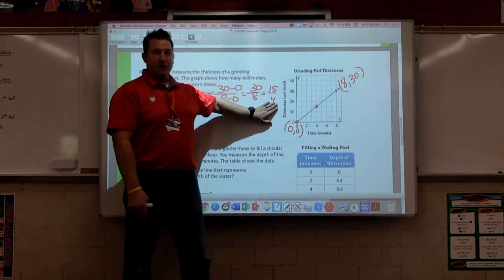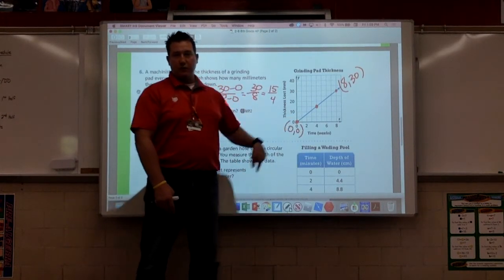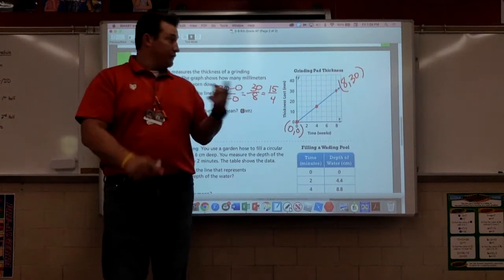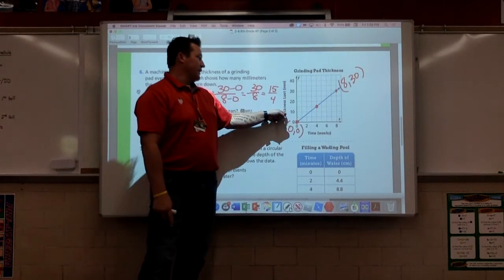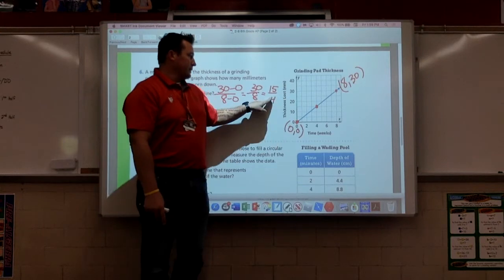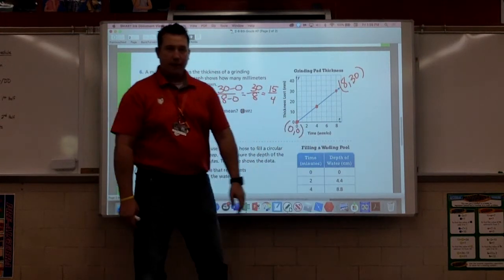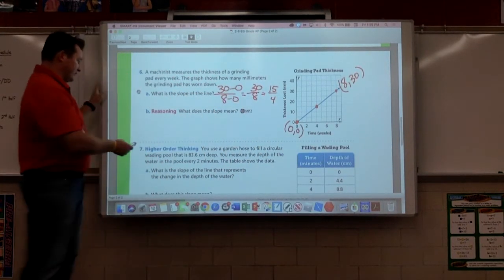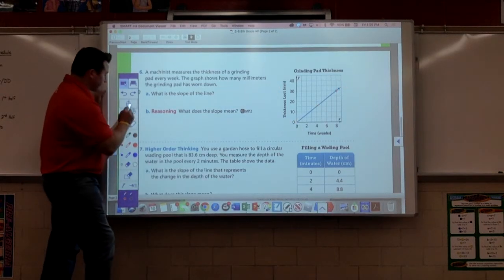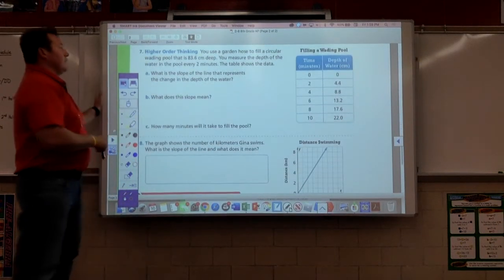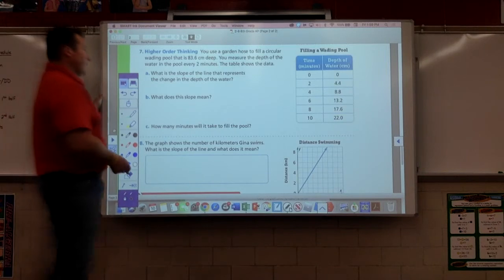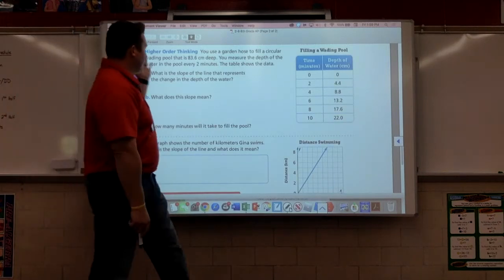Just use the 2 numbers with the 2 variables that they correspond to. So 15 was a Y value, the thickness that it's lost. 4 was the time in weeks, okay? Put it all together in a beautiful sentence, just like I did.